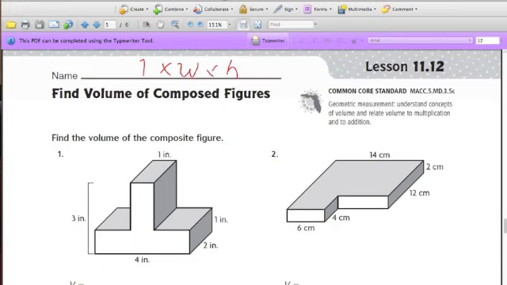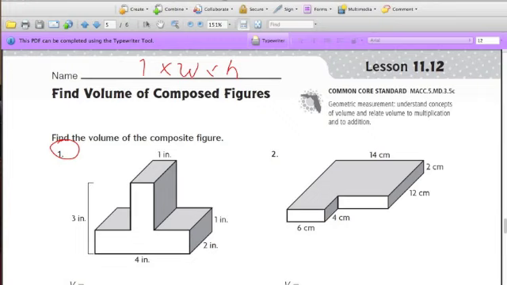But on this particular figure of number 1, it's really hard for me to figure out the length times the width times the height. This really looks like two figures to me. So what I do is I find the volume of one figure and I add it to the volume of the other figure. So you can easily do this by breaking it into two shapes.